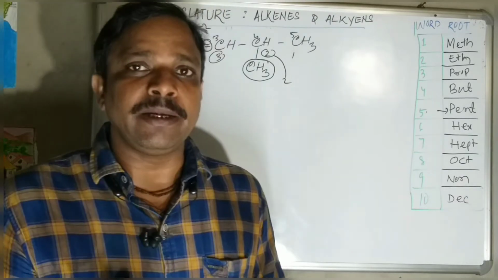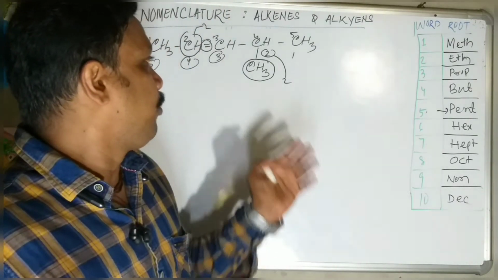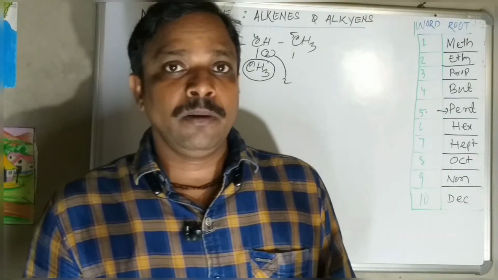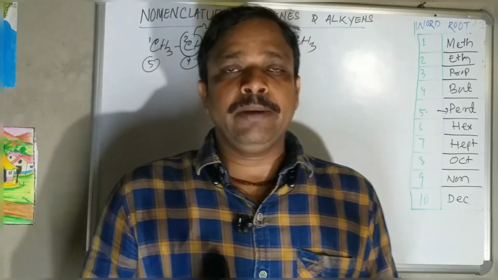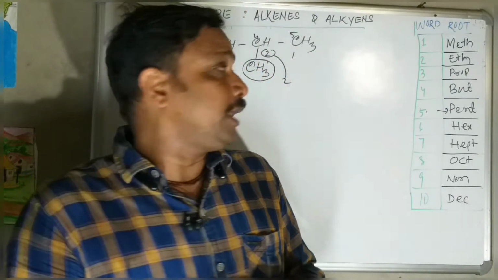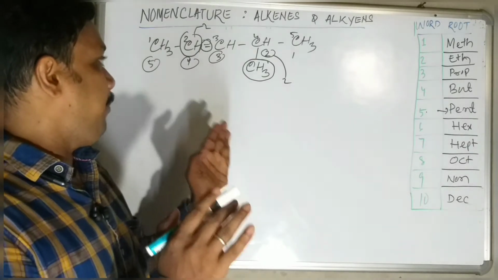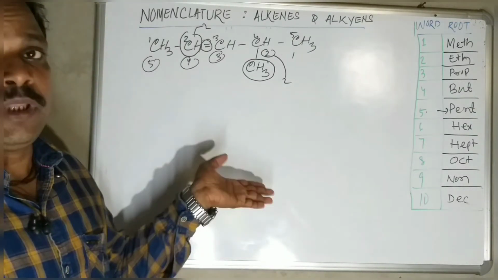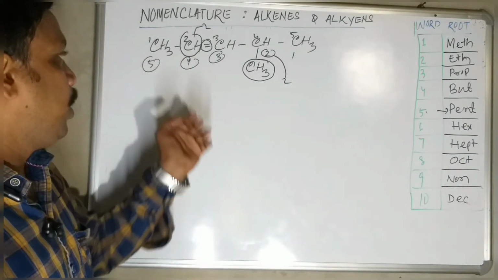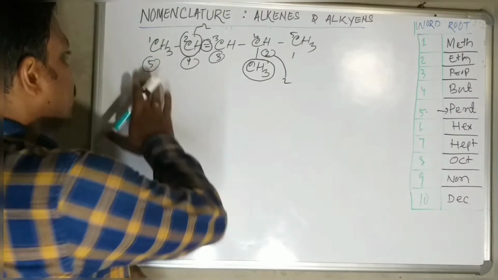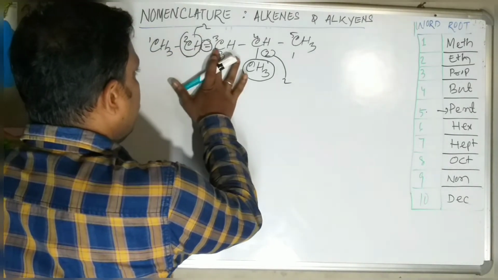So how can we count, from left or right? See one thing, in this manner we give the highest priority to the functional group. So we have to count from left to right.